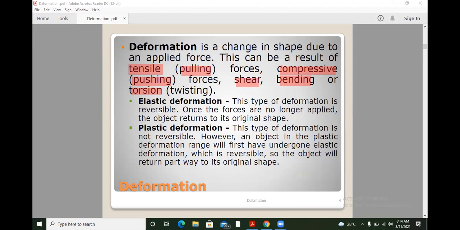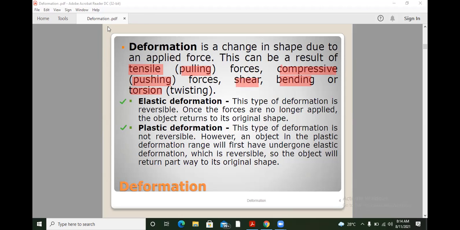So if we talk about deformation types, we have two types, elastic deformation and plastic deformation. Okay, so what is deformation?